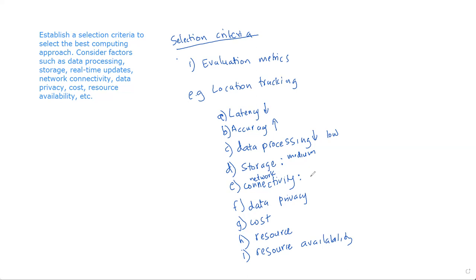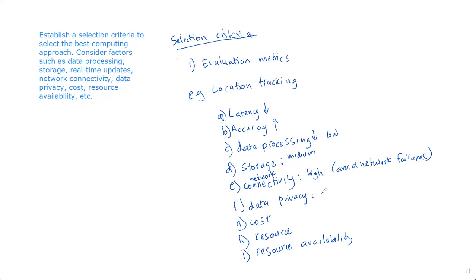Therefore network connectivity needs to be very good, so it needs to be high, let's say. We need to decide based on that what type of computing we will select.